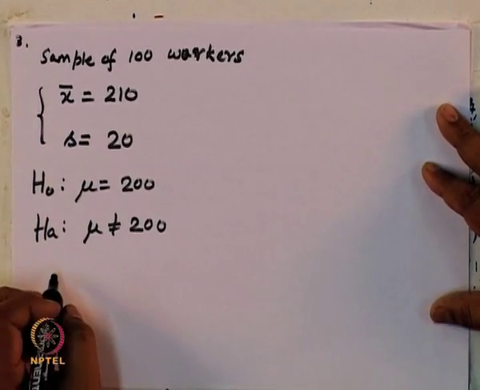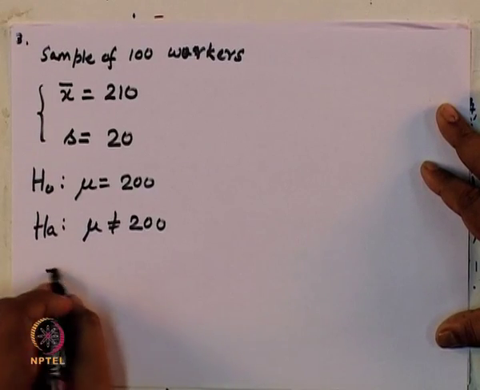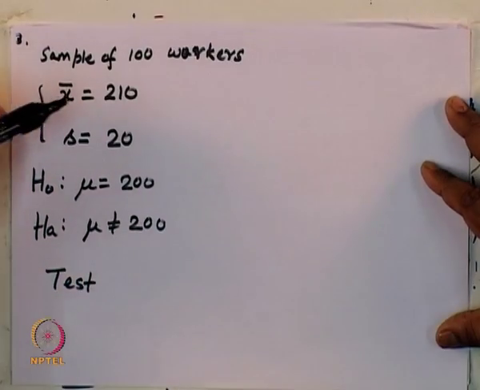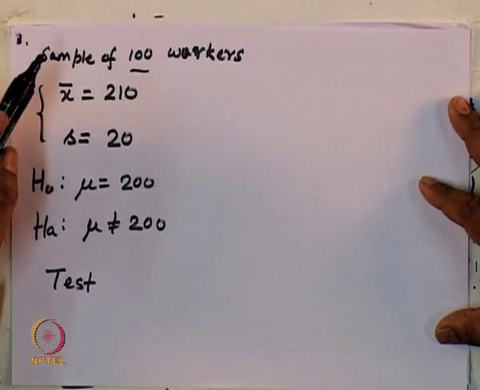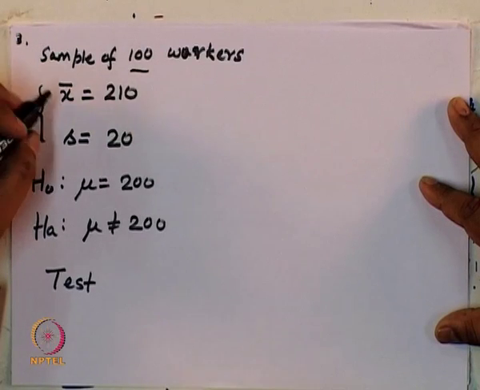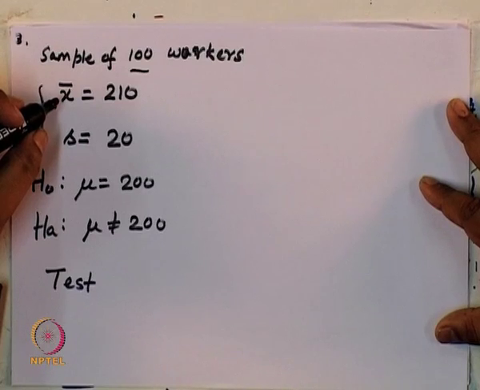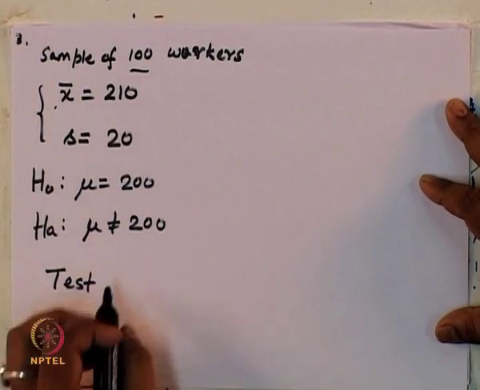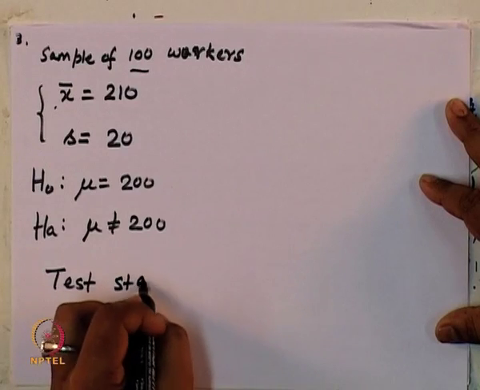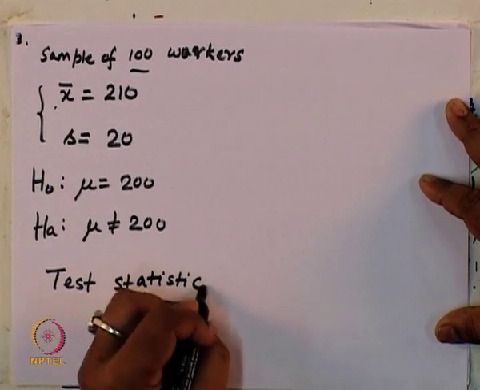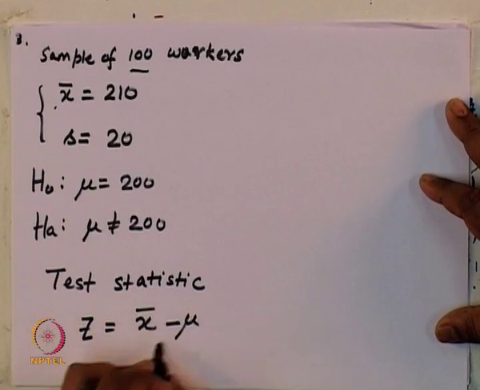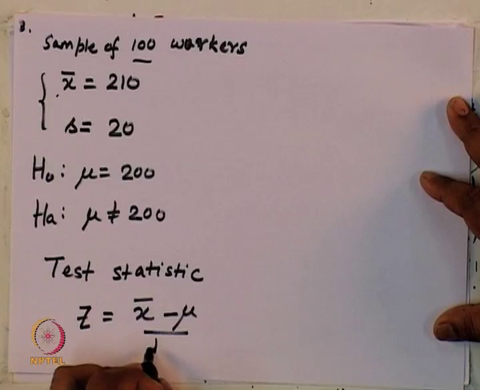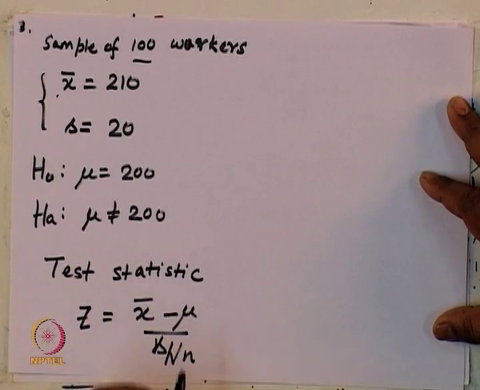For this we use a test statistic. When your sample size is large, and n equal to 100 qualifies as a reasonably large sample size, then I can write that x bar is normally distributed. We can define the test statistic z as x bar minus mu, divided by s by root n.